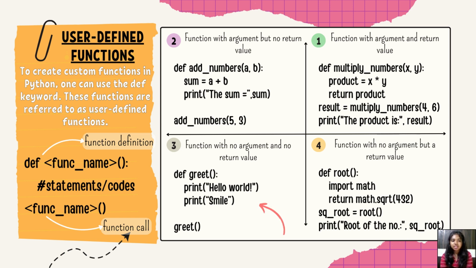Here you can see there is no argument passed and no return statement is being used. Under the fourth category, no arguments are passed into the function during the function call, but a value is returned. Here, this return statement will return the square root value of 432, which will be stored in the variable sqroot.